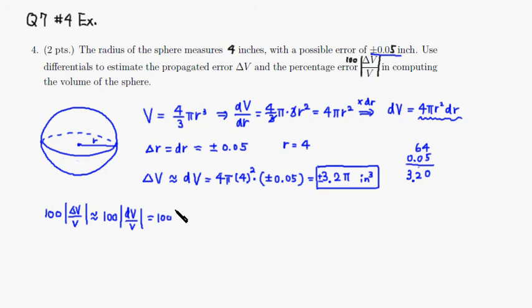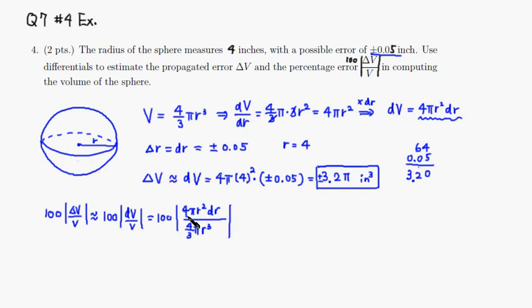You have a 100, and on top, dV is 4 pi r squared dr, and V is 4 over 3 pi r cubed.